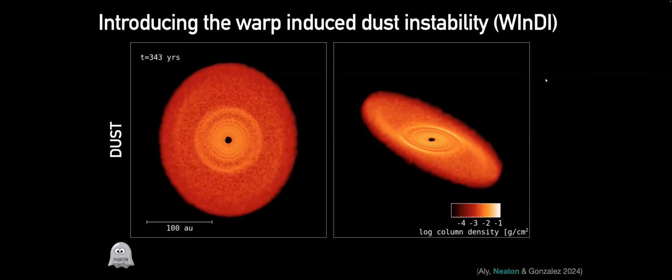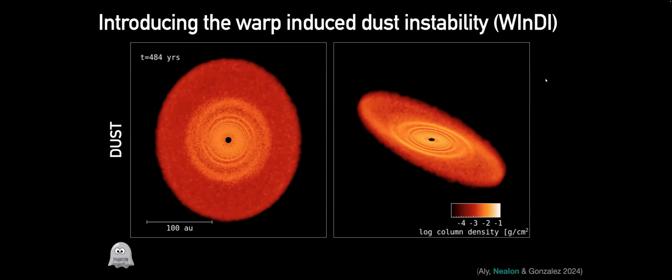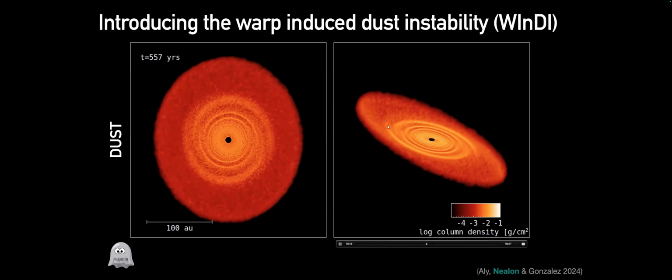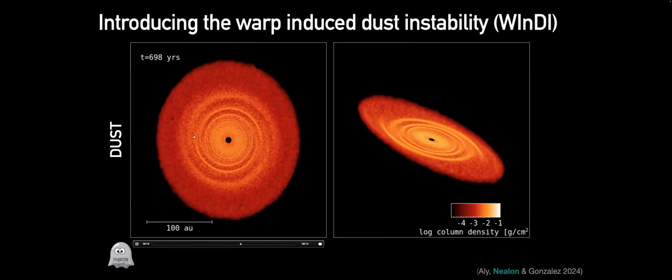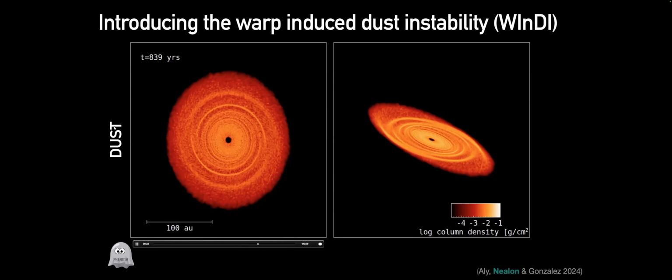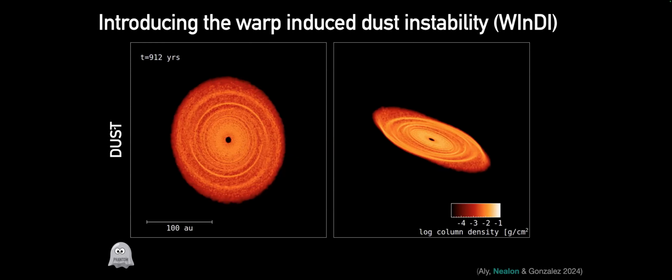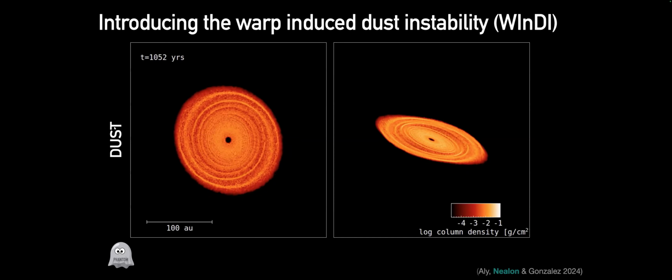The warp-induced dust instability, where the fact that you have a warp in the disk and the presence of dust drives the formation of these beautiful arcs in the dust, and these arcs are broken at the location of the line of nodes of the warp.